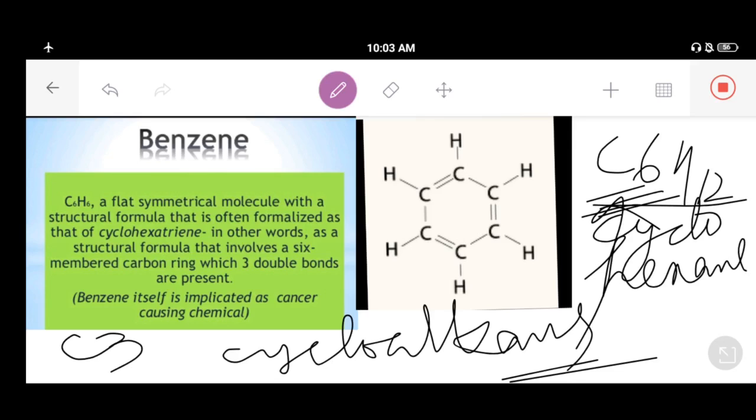So we may have other hydrocarbons as well, like cyclohexane, cycloheptane, cyclooctane, in which there are 8 carbon atoms in the form of a ring, cyclononane, and cyclodecane as well.